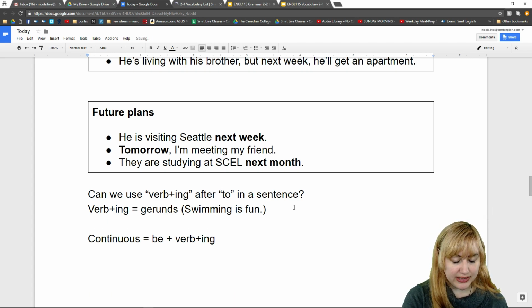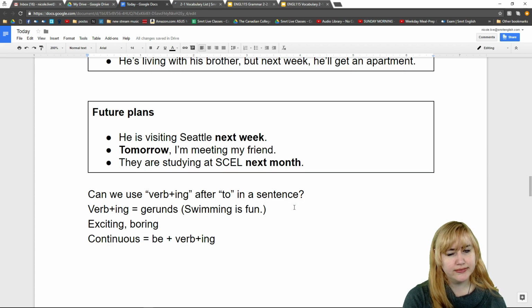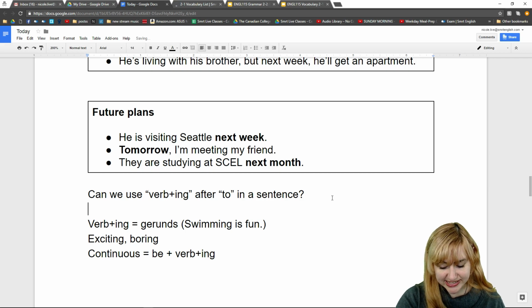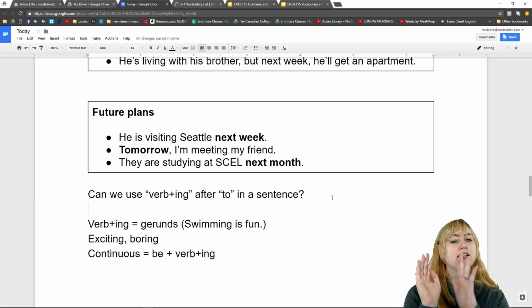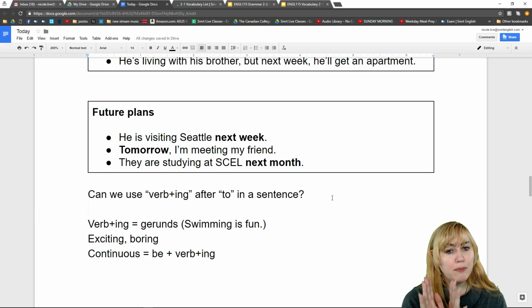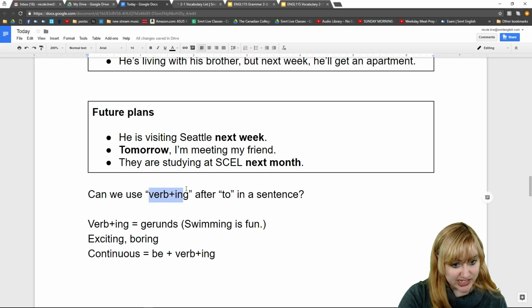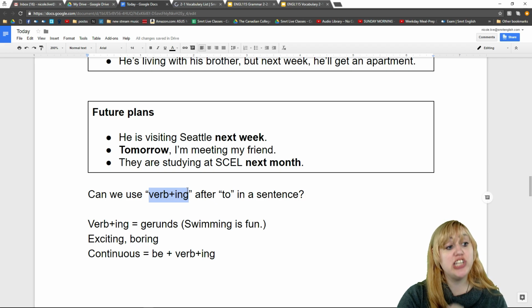Like for example, exciting or boring. These are adjectives that look like verb ing. So they can be tricky too. But to answer your question, can we use verb ing after to in a sentence? Yes, but only if this verb ing is a gerund.